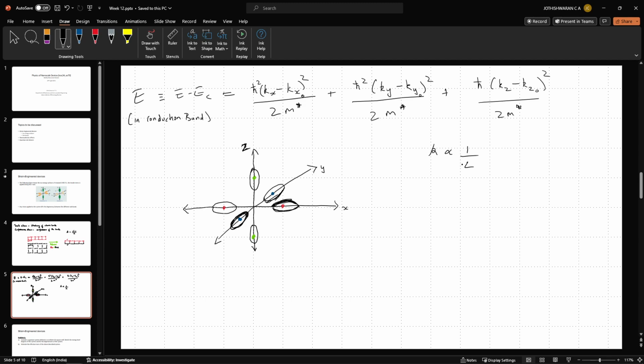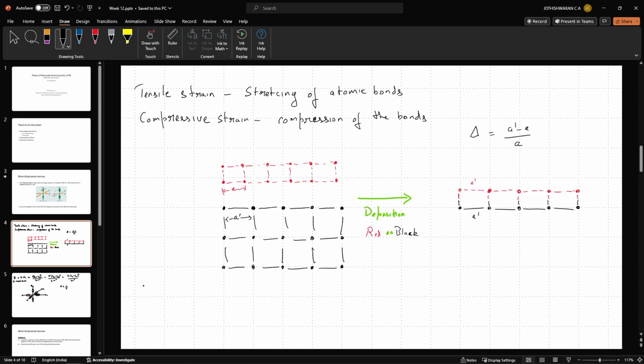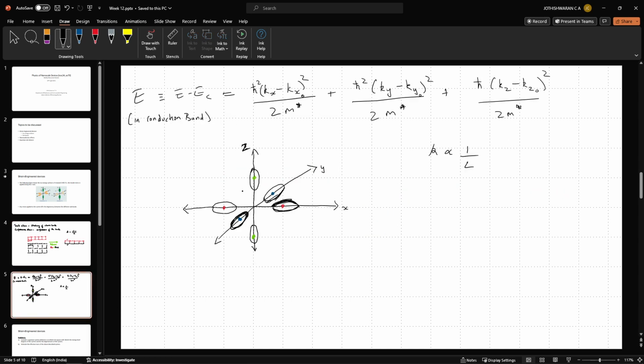So as L decreases, K increases. As L increases, K comes down. So essentially what happens is, let us say a tensile stress has been applied along the Z direction. The values of Kz, what that corresponds to is this axis will become longer.